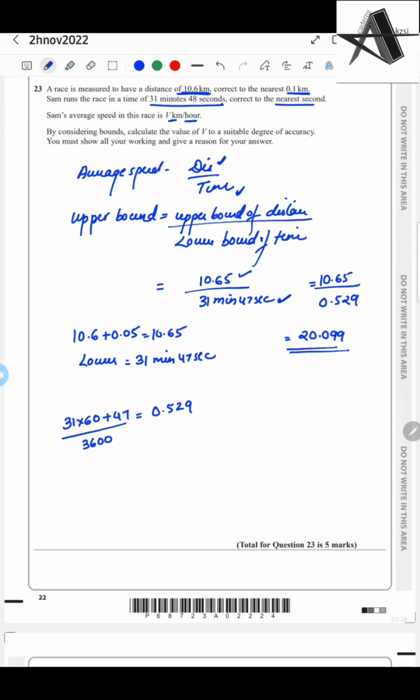It says by considering bounds, calculate the value of v to a suitable degree of accuracy. That means we have to calculate both the upper bound as well as the lower bound. Now let me calculate the lower bound of this speed. For the lower bound, the numerator should be lower, so the lower bound of distance over the upper bound of time.